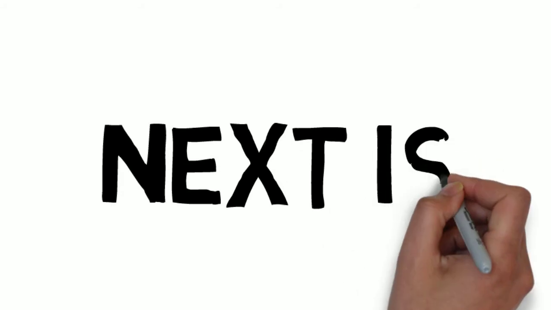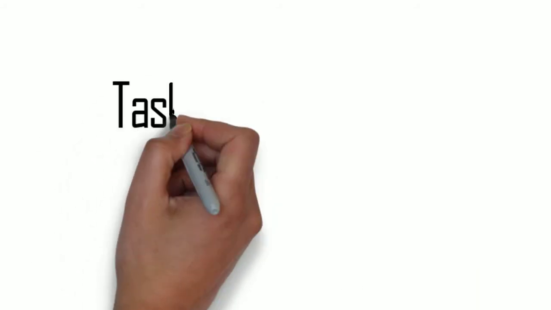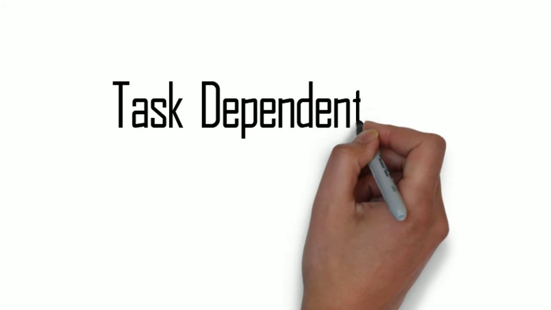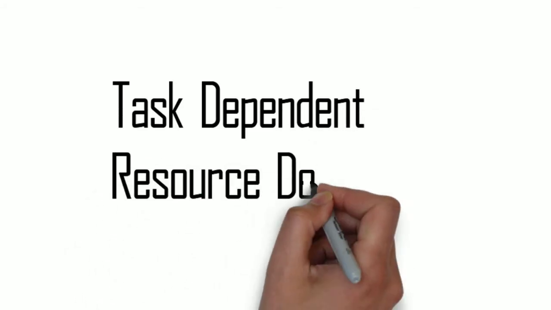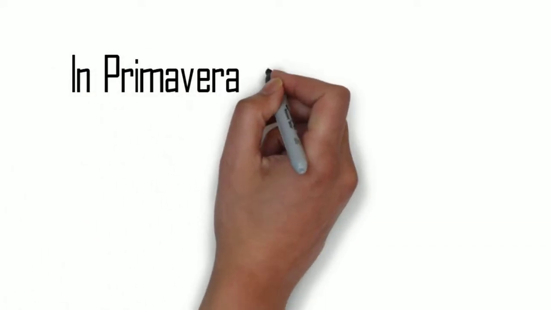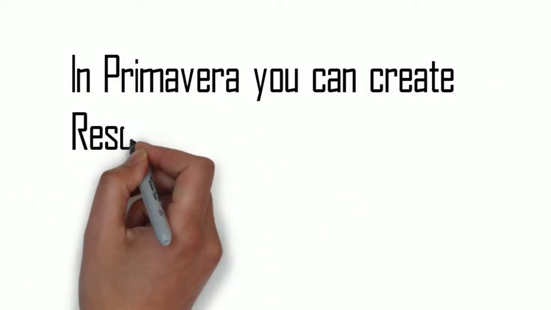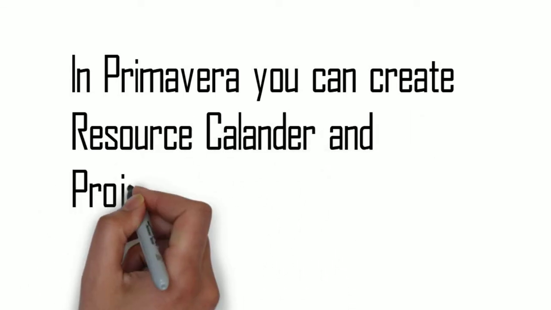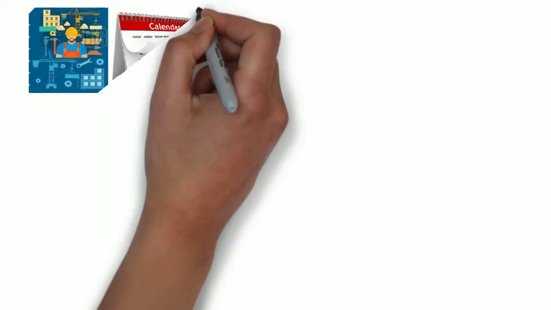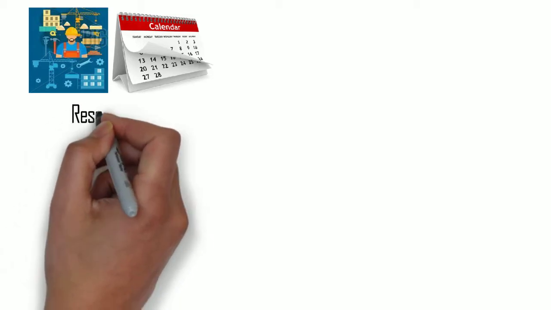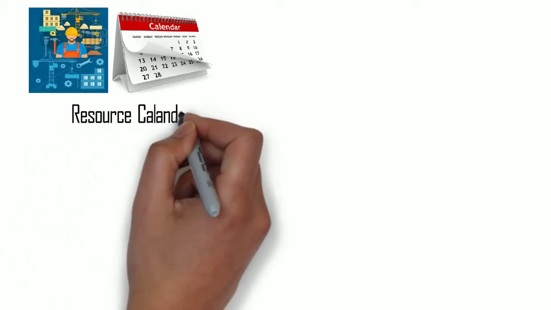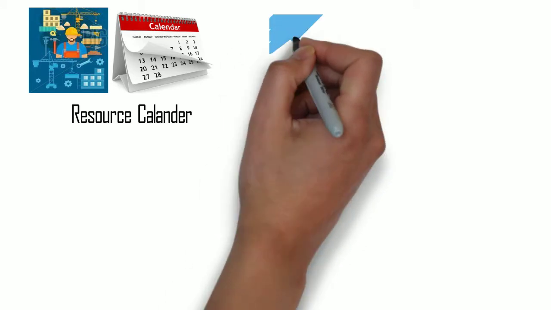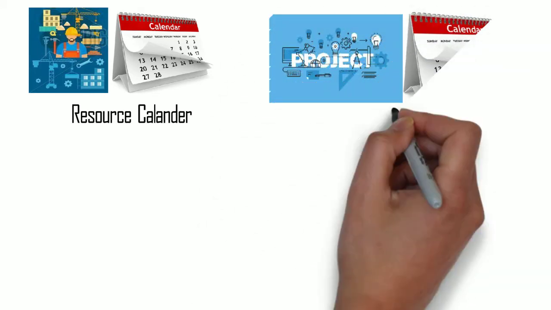Next is task dependent activity and resource dependent activity. In Primavera you can create a resource calendar and a project calendar. Here we are. Resource calendar, project calendar.